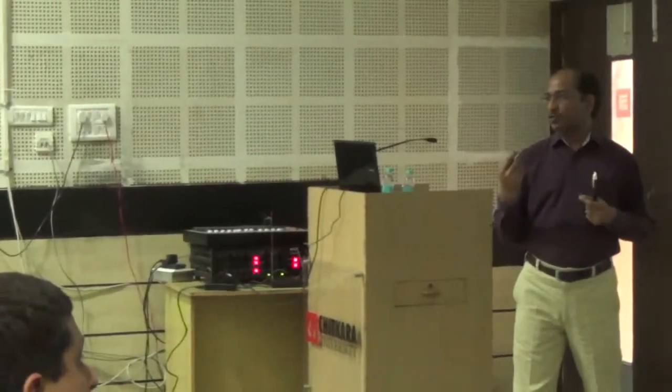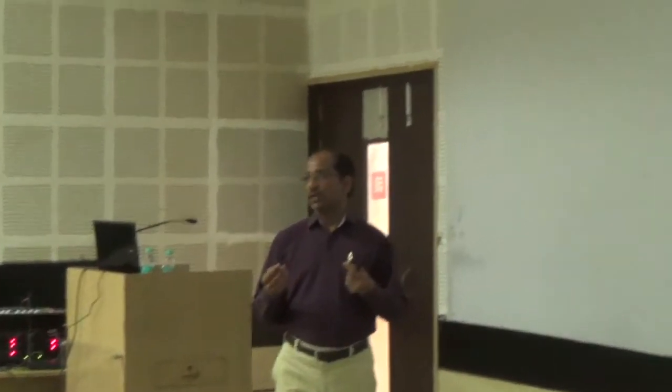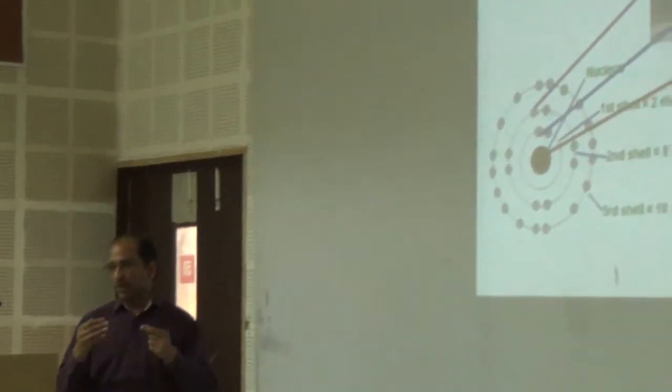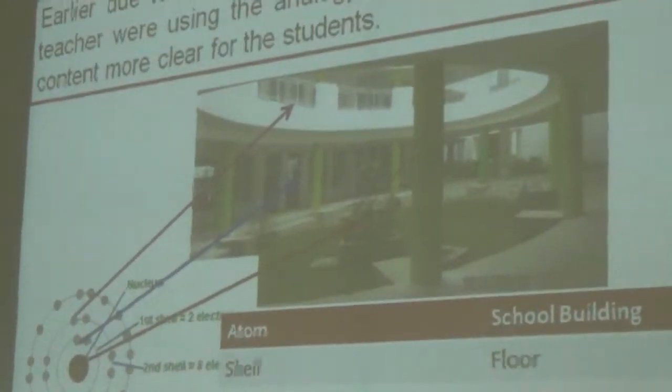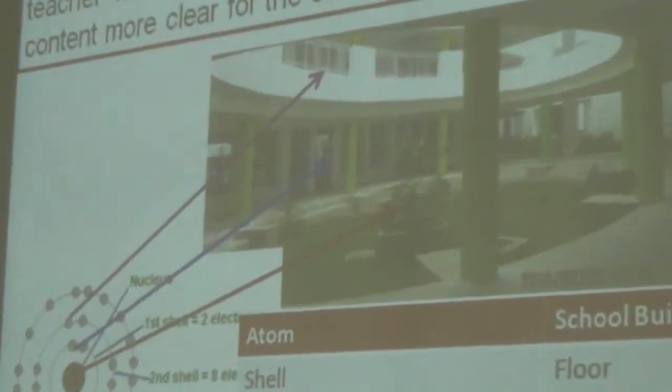A cell corresponds to the floor of the building, a room is equivalent to the orbitals, and the number of students of a particular section corresponds to the number of electrons in a particular orbital. Right.